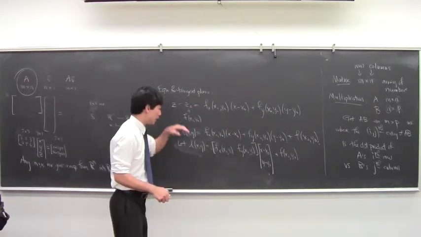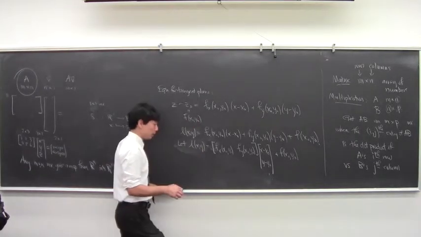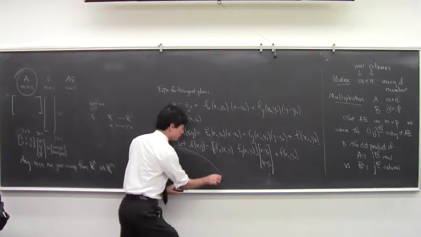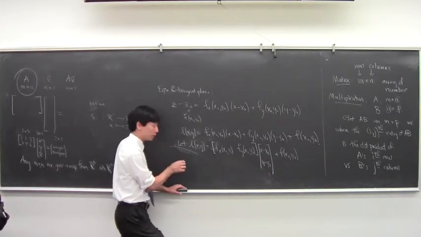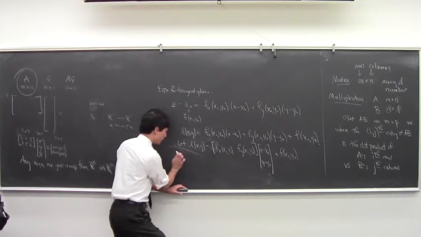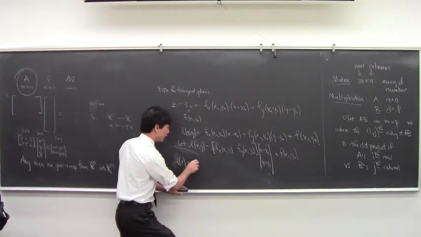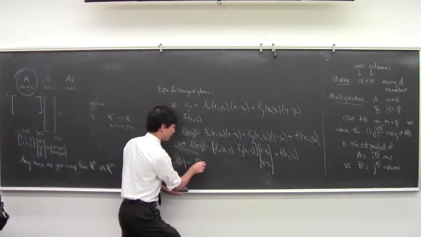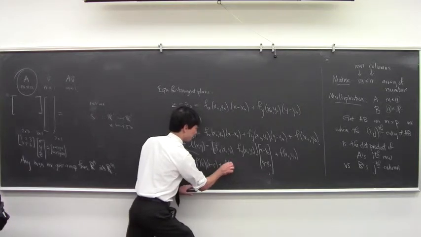This is basically to make an analogy with the one-dimensional case. Remember the one-dimensional case, the tangent line. The tangent line at c is f prime of c times x minus c, plus f at c.